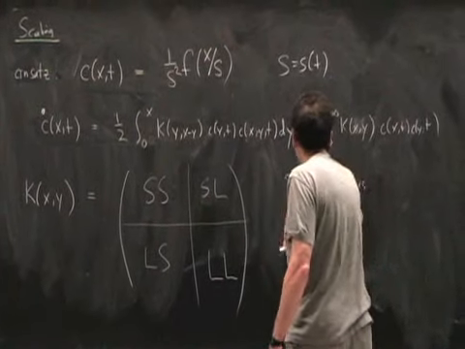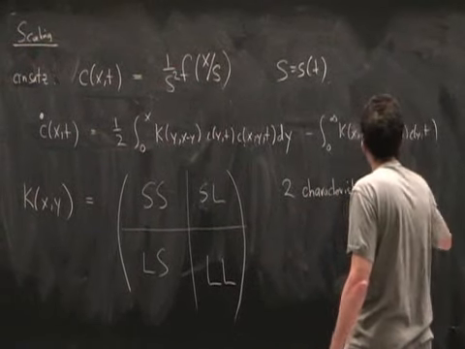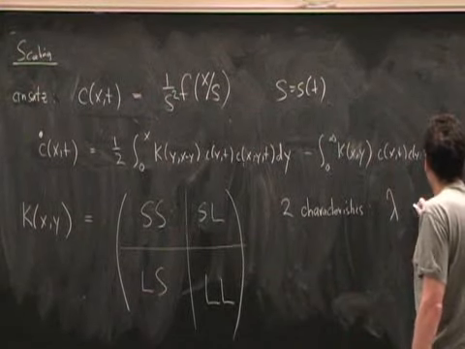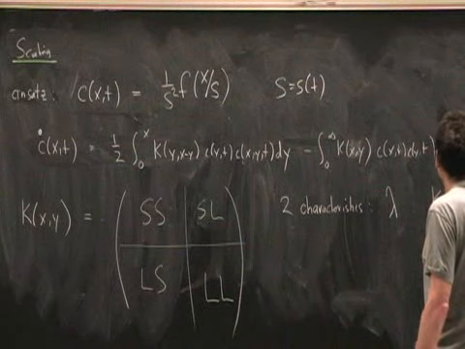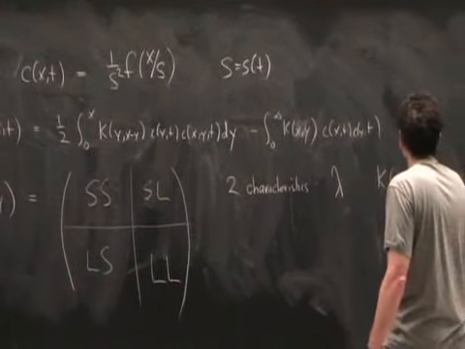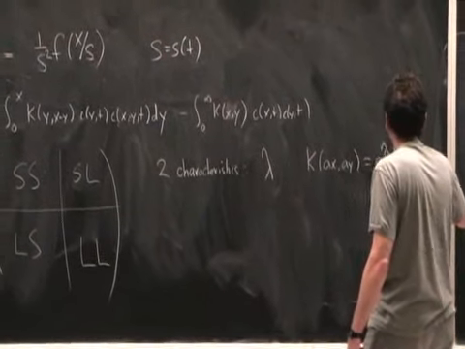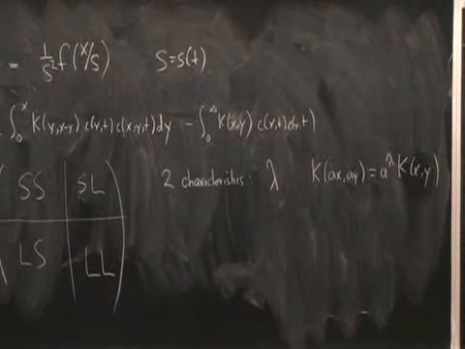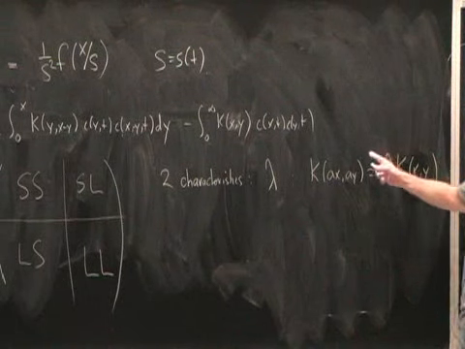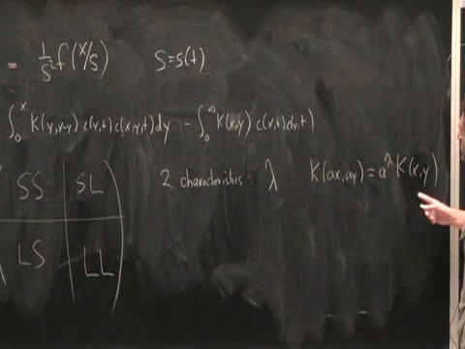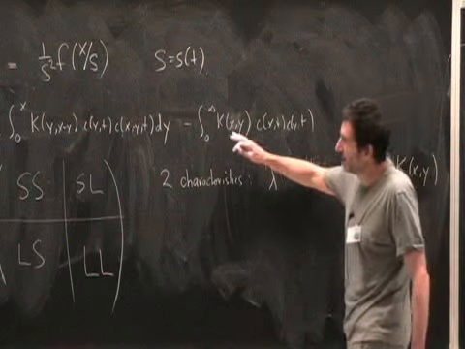There's the homogeneity index lambda, and this is defined by K(ax, ay) equal to a to the power lambda K(x,y). Let me just worry about this one since I'm running out of time, and let's investigate the role of the homogeneity index on all of this.